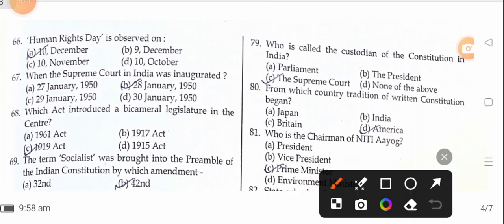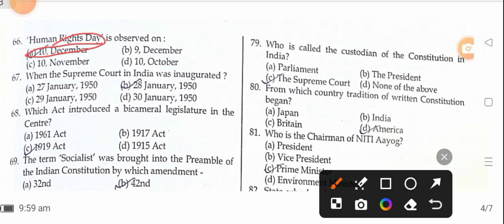Dear students, take a look at question number 66. Human Rights Day is celebrated on 10 December. Like that, Pravasi Bharatiya Divas is on 9 January.